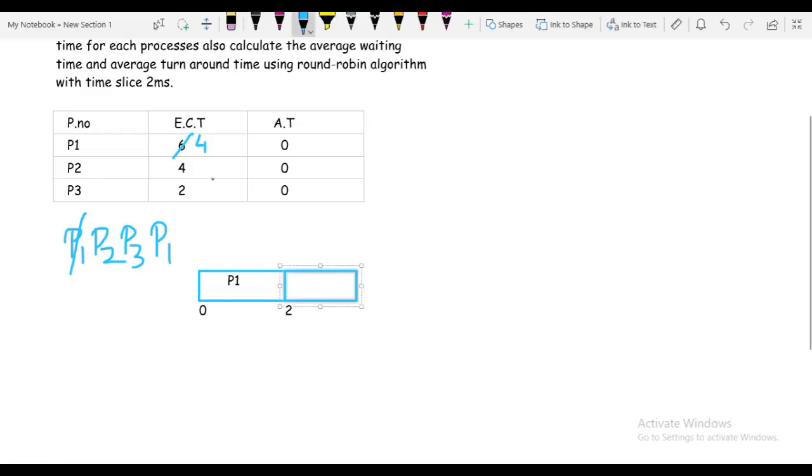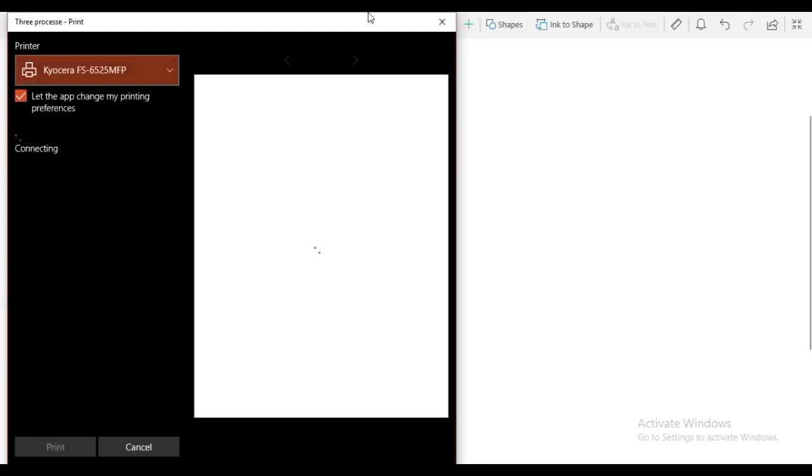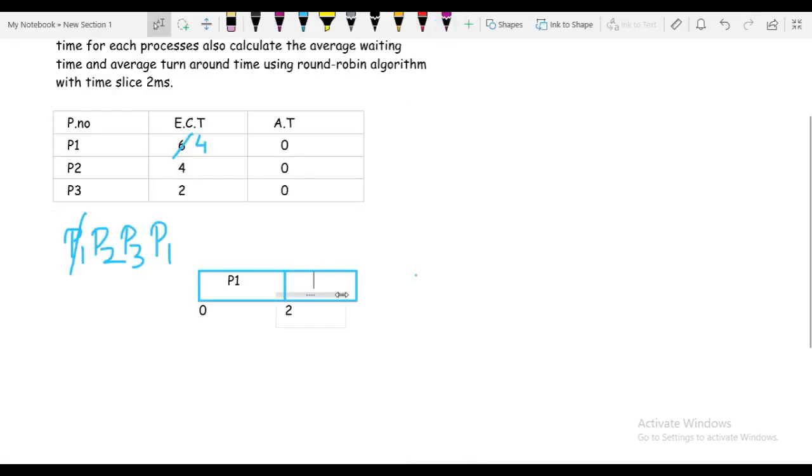Now you have to execute P2, so P2 will run till 2. It will also run for 2, that is 2 plus 2 will be 4.